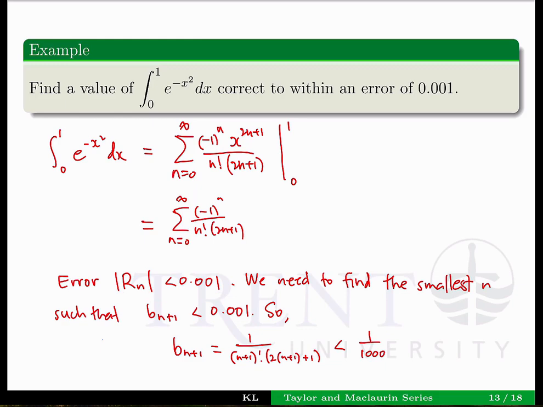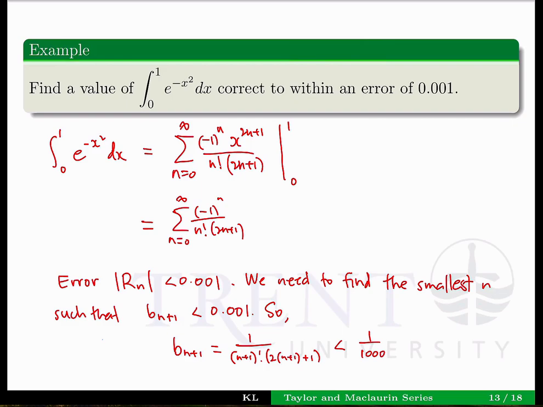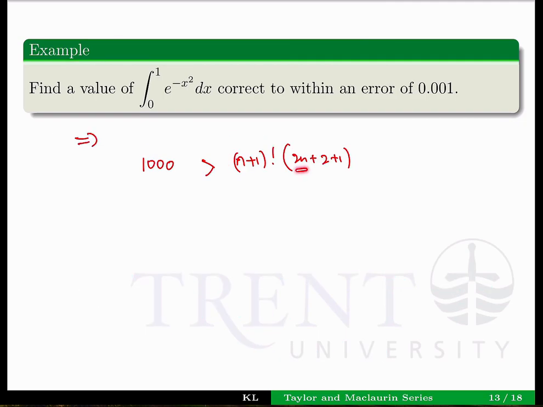So from here, we cross multiply, our 1,000 must be greater than n plus 1 factorial times 2n plus 2 plus 1. So we just distributed 2 times n plus 1. That's 2n plus 2. That's why we have here 2n plus 2. Then there's a plus 1.